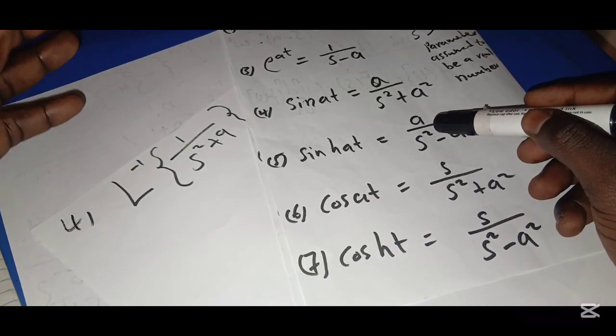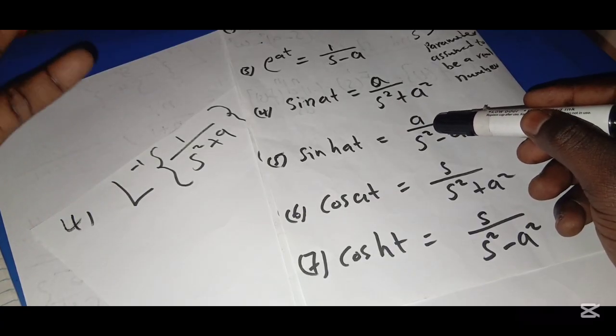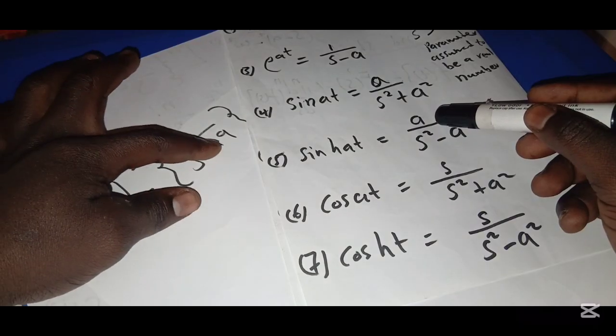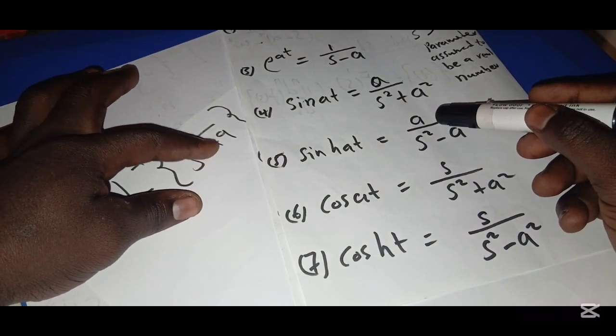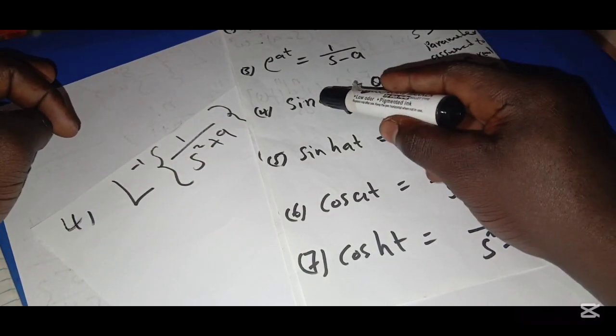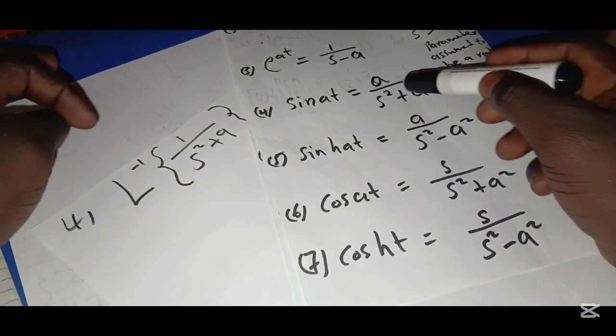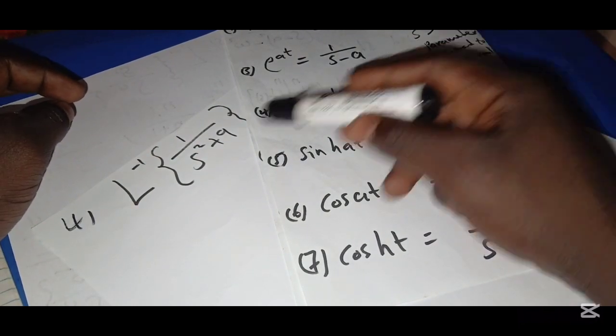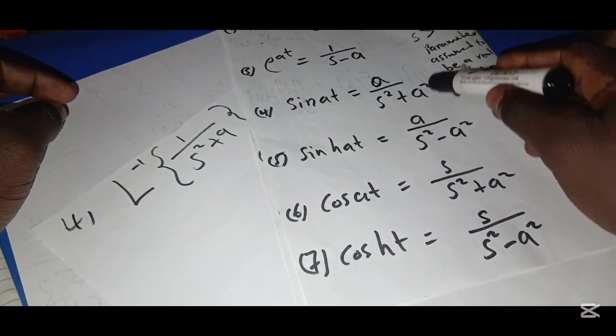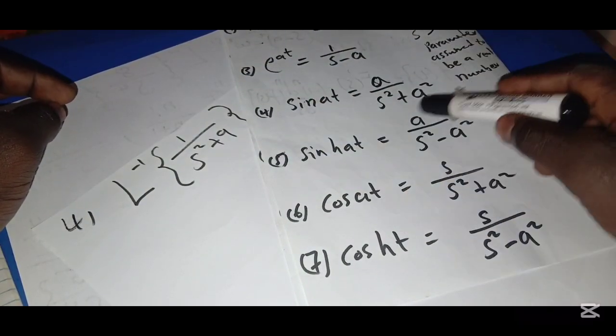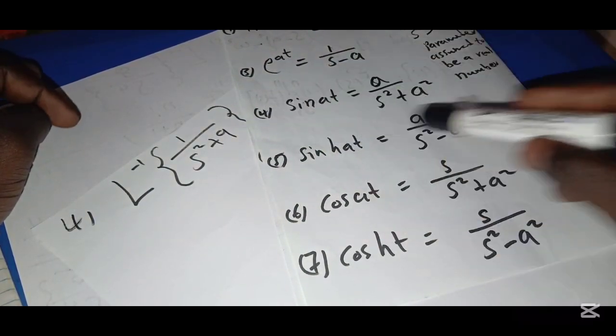Is it sinh or sine at? Well, looking at the denominator, because we have plus there, it is sine at. That is where we have plus. We don't have minus, right? So it means that this problem is coming from sine at. That is why there is a need to know all these elementary formulas. So now, let's continue.